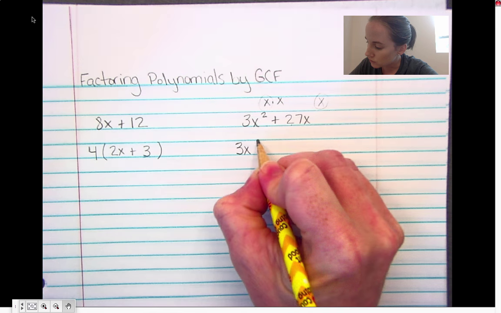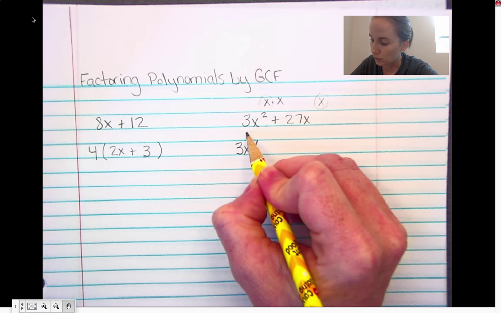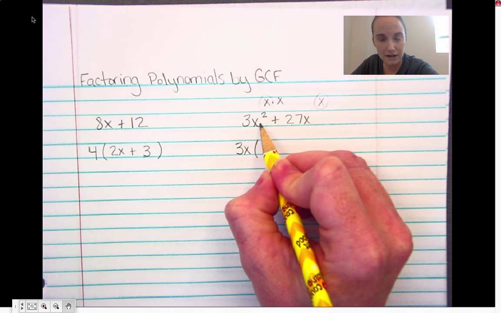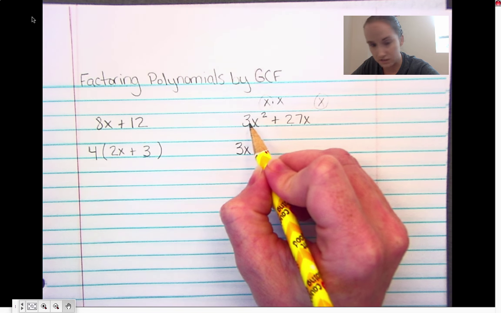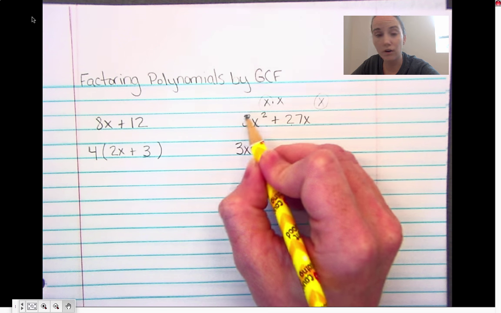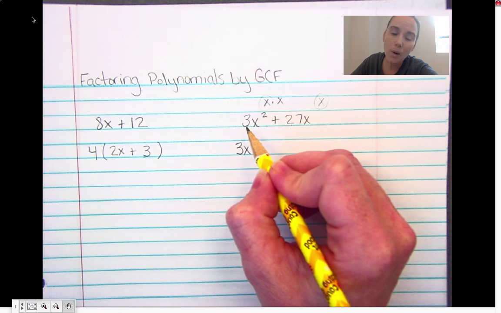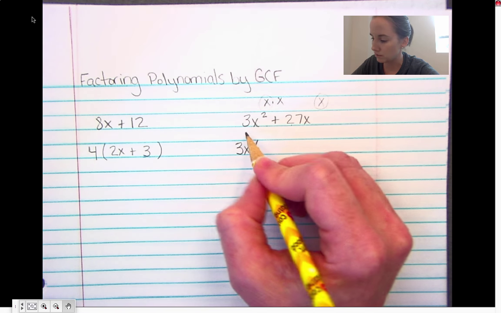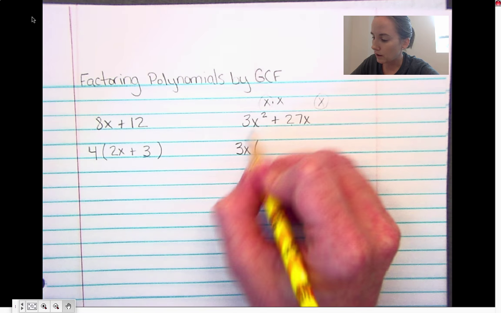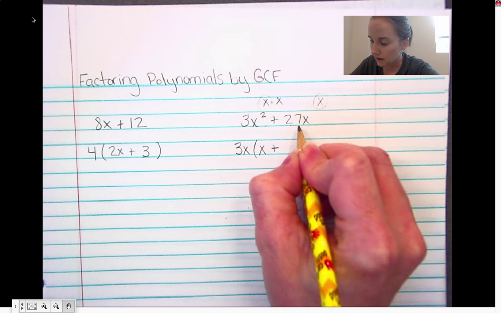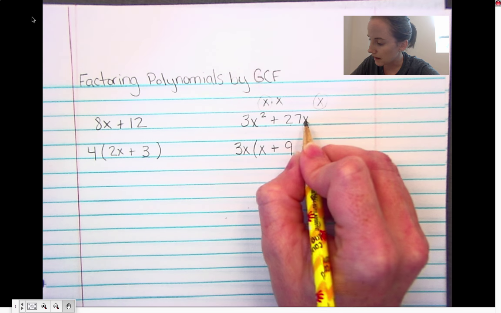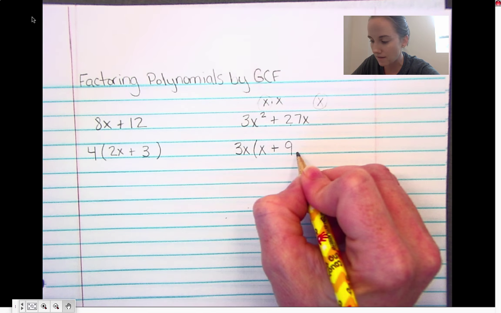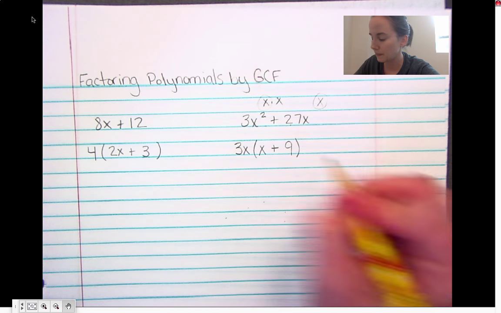Now, if I took the x out, I would only have one x remaining here. And of course, if the 3 was divided out, there would just be a value of 1 there. You don't have to write the 1, but it's okay if you do. So I only have a single x left here, plus 3 times 9 would generate the 27, and the x has been taken out, so I don't have any x's left here.